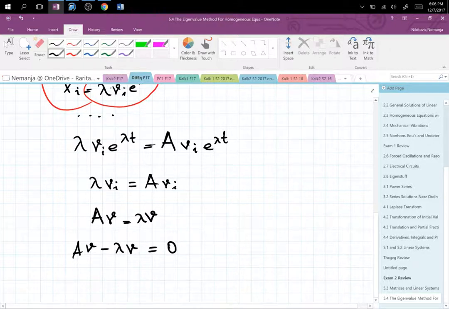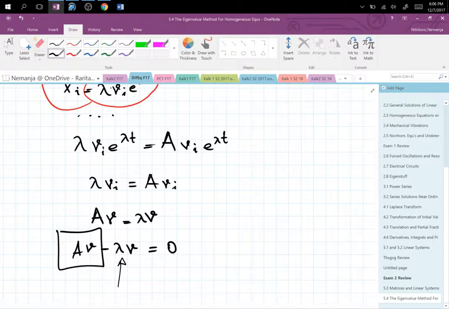Now, you can't really subtract these because A is a matrix that could be, you know, 3 by 3 times some vector v, and then over here you have a constant. Lambda is a number, 7 or -5. So you can't subtract these because they don't have the same size.